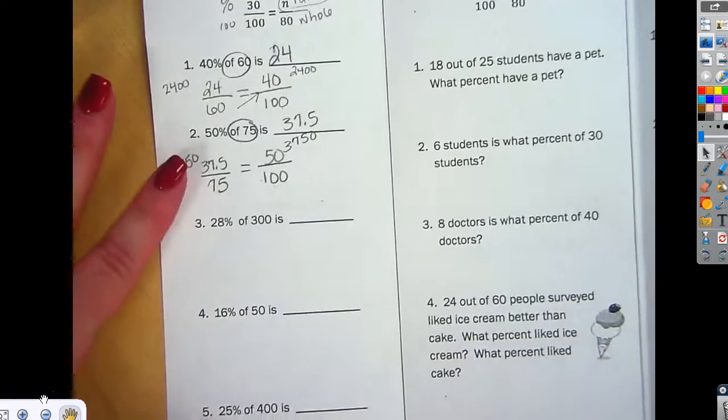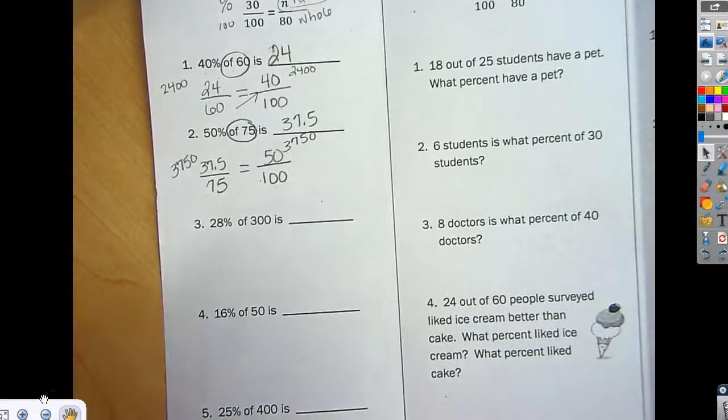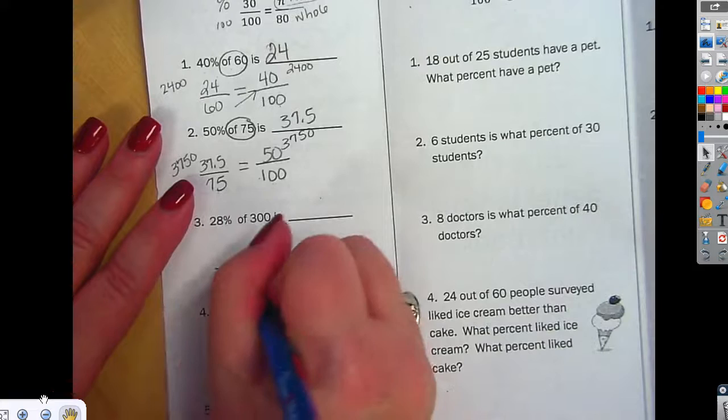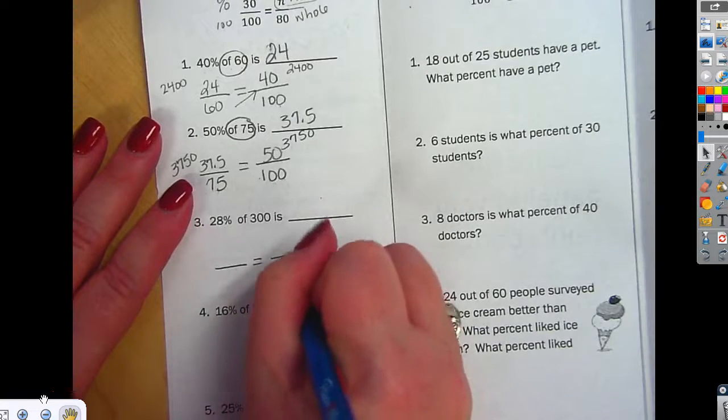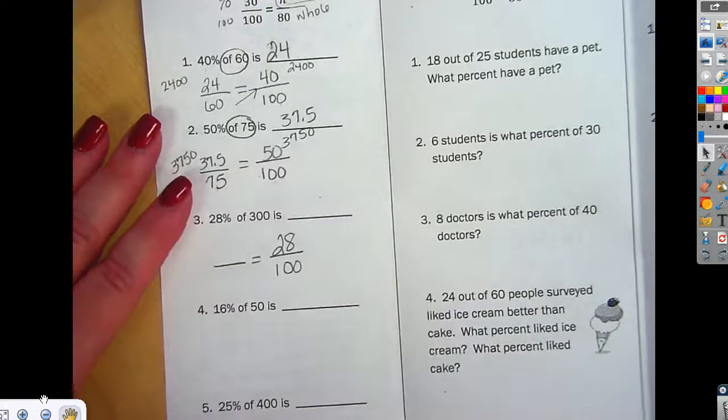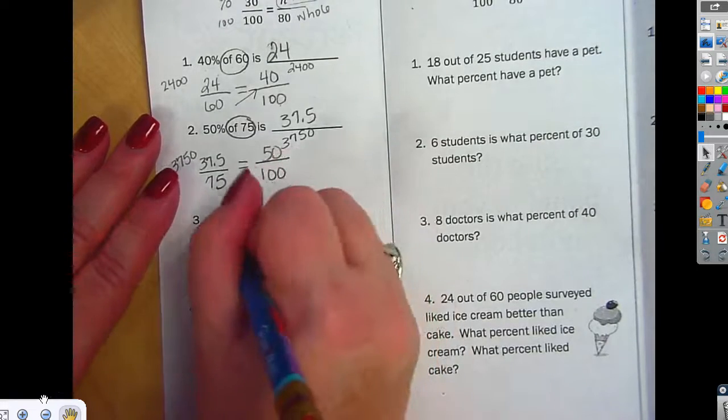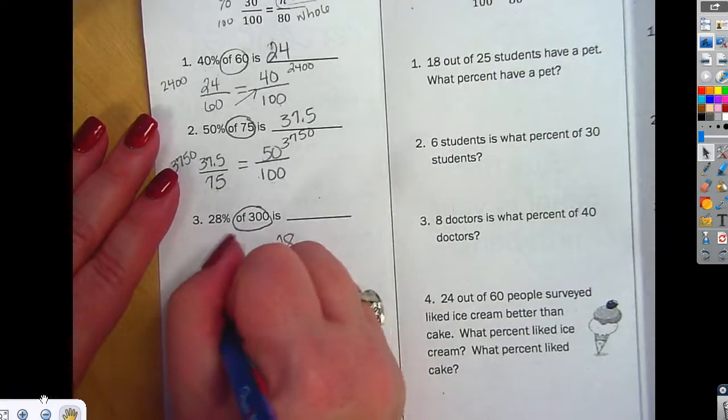All right, 28% of 300. Set up your percent proportion, 100. 28 goes over 100. Of 300, that's our whole.